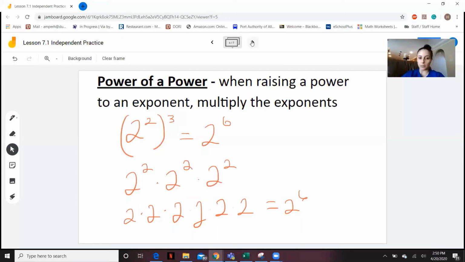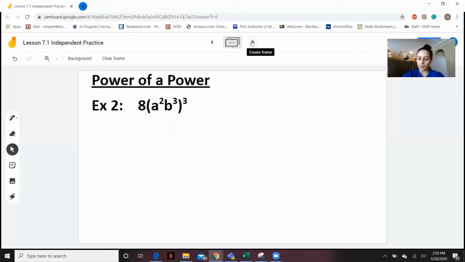So we're going to do a couple examples with this. So I want you to be aware with this problem, we have 8 outside of the exponent, or outside of the parentheses, but then we have a squared b cubed inside of parentheses that's being raised to the third power. So whenever you have parentheses, that is what's being raised to the exponent.